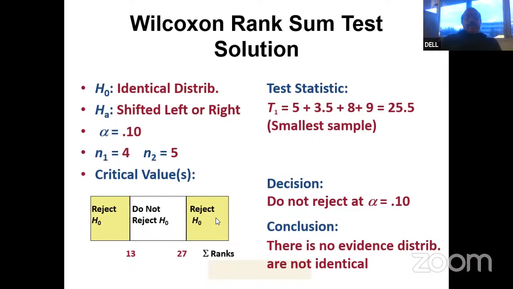If it is more than 27, reject H naught. The smallest value is 25.5 here, which falls in the do not reject H naught region. So there is no evidence of a difference in distribution. Like that, we have to observe.